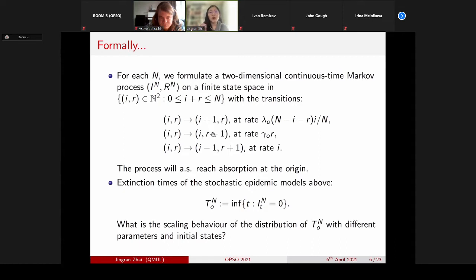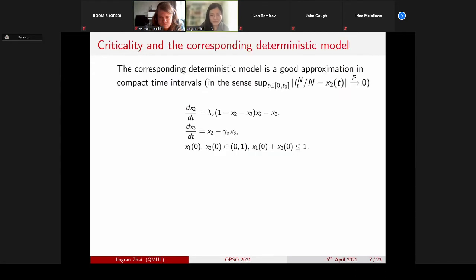We also hope that our scaling is as explicit as possible because deriving the distribution of extinction time can be numerically very expensive. By the last 2 or 3 years, the extinction time problem for the SIS model is well studied, but not so much for the SIRS model, which is why we're looking into it.